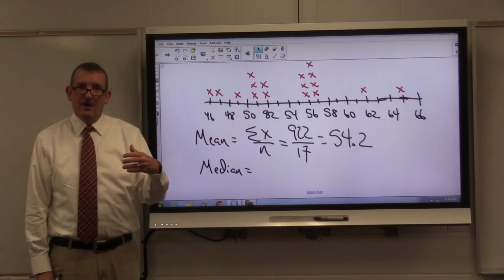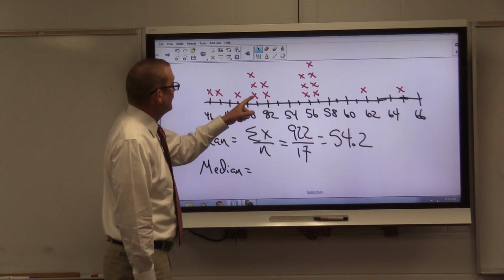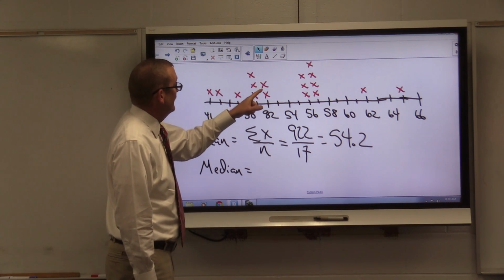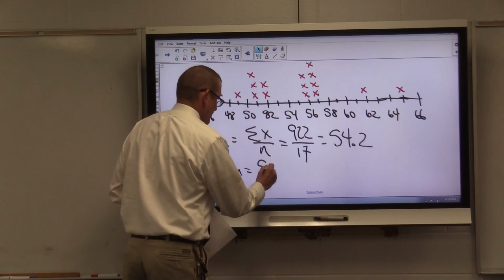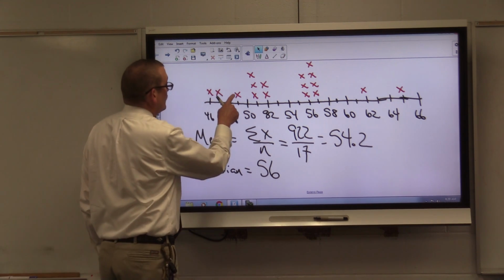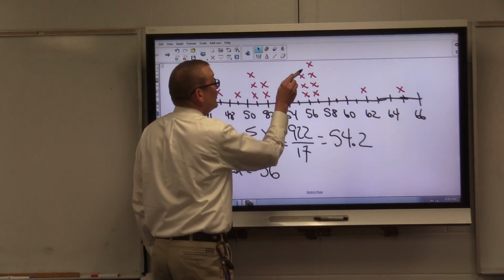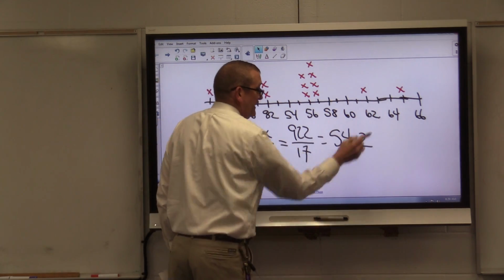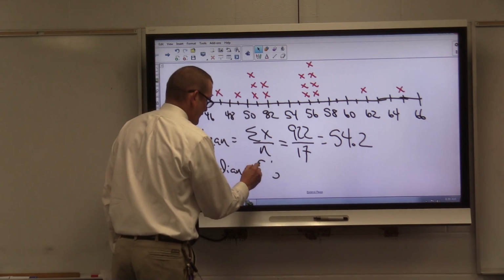So the middle number is the 9th number. 1, 2, 3, 4, 5, 6, 7, 8, 9. 56 is my median. 8 numbers below, 8 numbers above. 56 is my median.